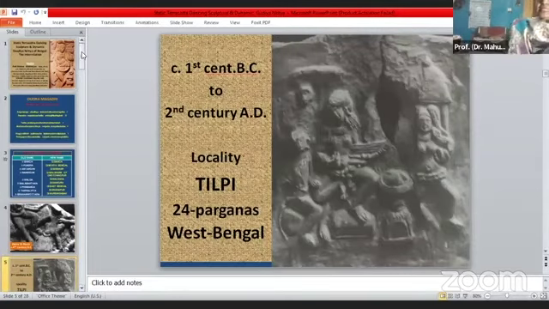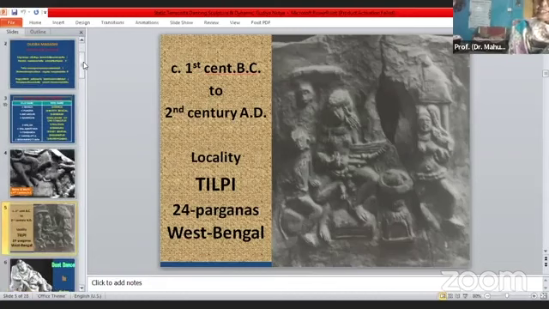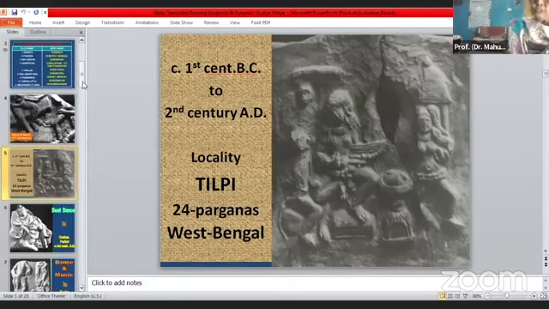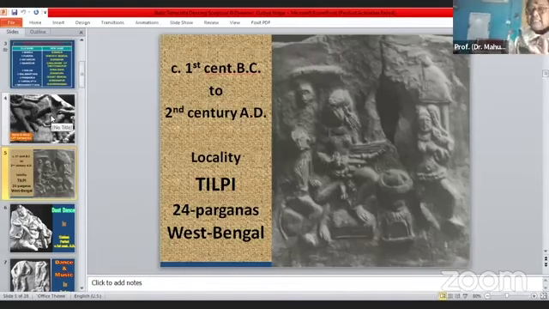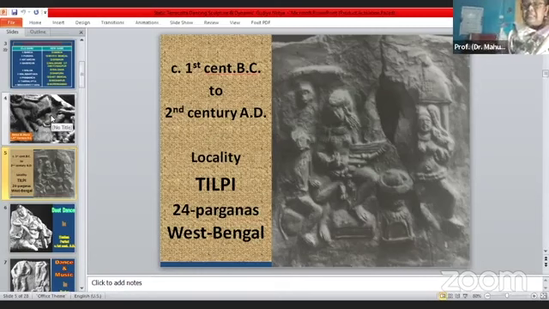Again, this is from 1st century BC to 2nd century AD. I'm grateful to Professor Dr. Gautam Sengupta. Here, again, the dancer with a big belt. This is Aharyam. We have 4 Abhinaya according to Natya Shastra: Angika, Vachika, Satvika, Aharyam.